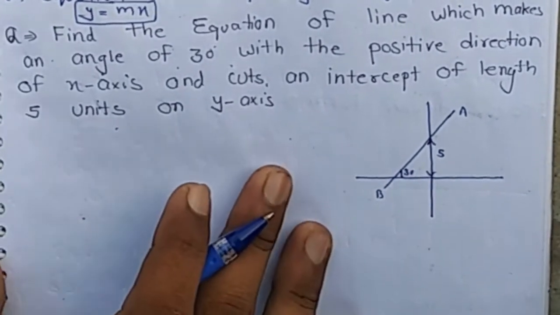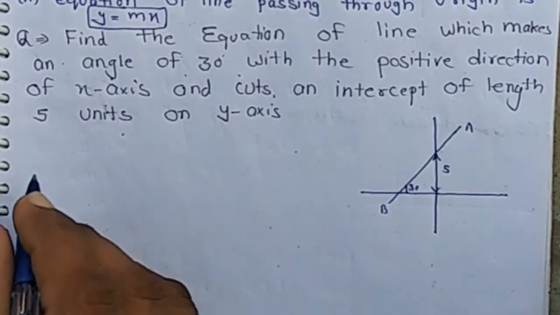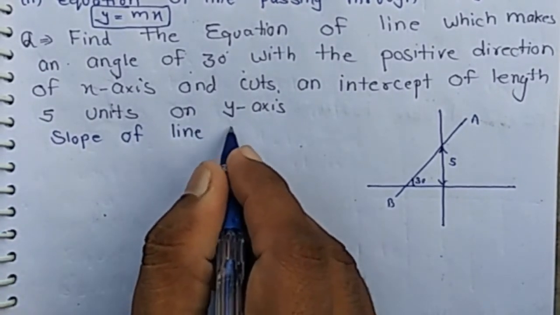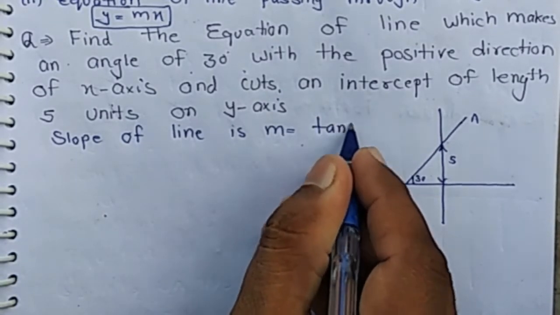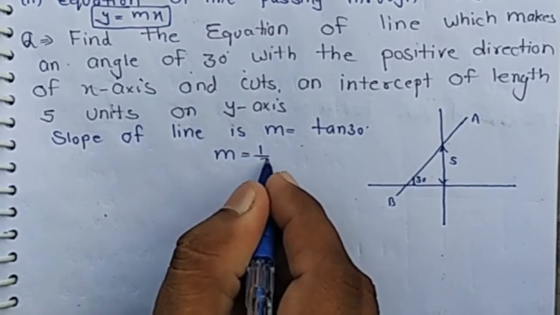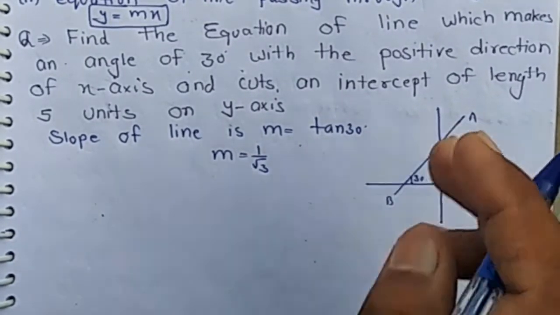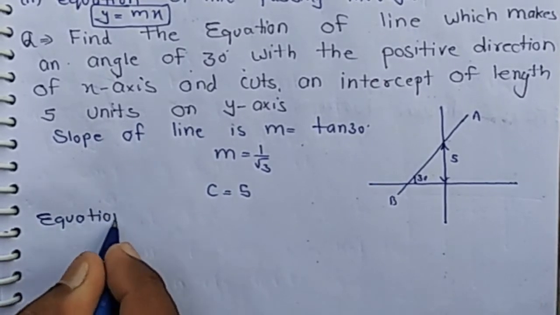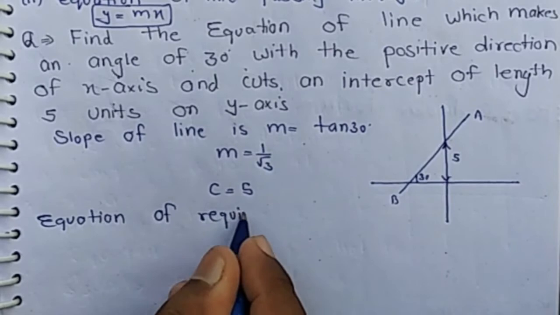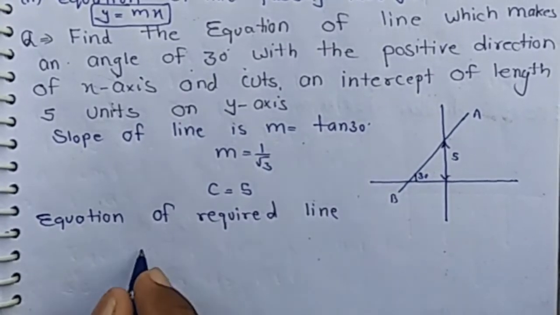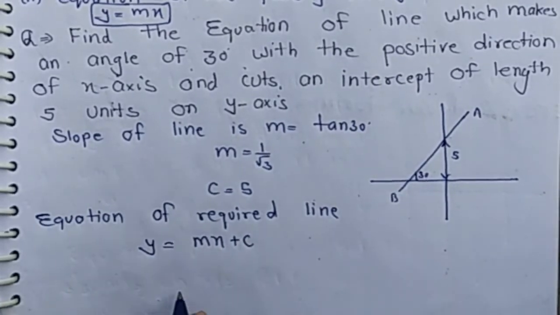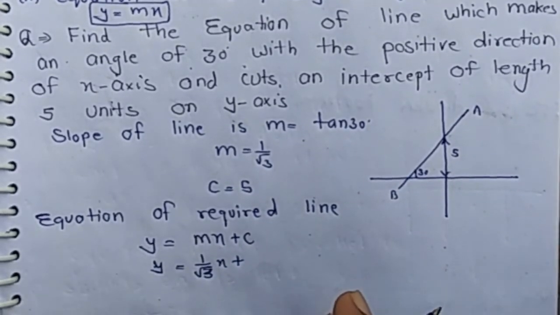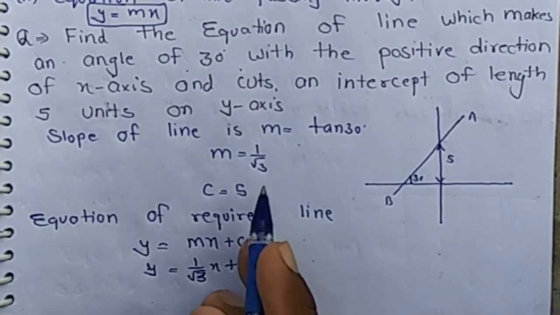Then since the line makes an angle of 30 degrees with the x-axis, the slope of the line is m equal tan 30, and the intercept on the y-axis is given, c equal 5 units. Then the equation of the required line is y equal mx plus c. m is the slope of the line, which is 1 by root 3, and c is the intercept on the y-axis, which is 5.